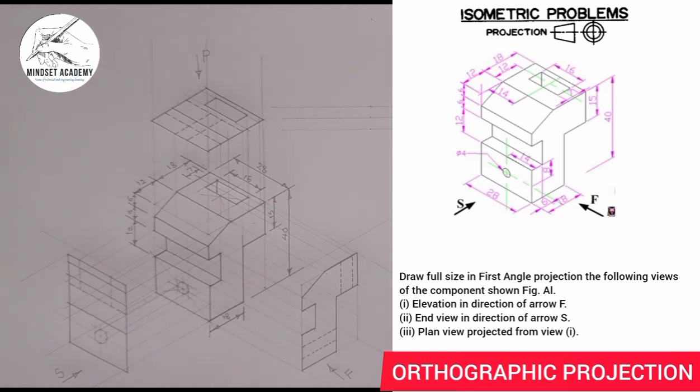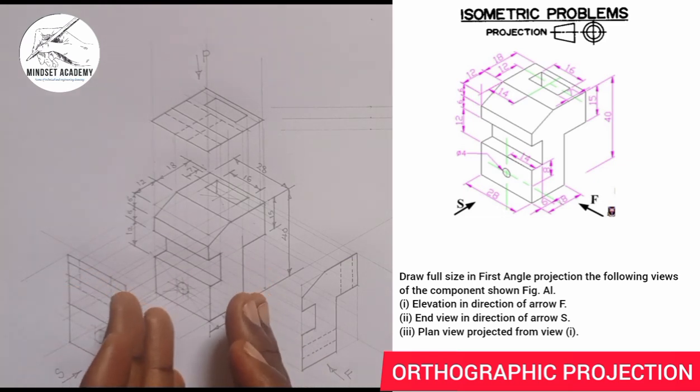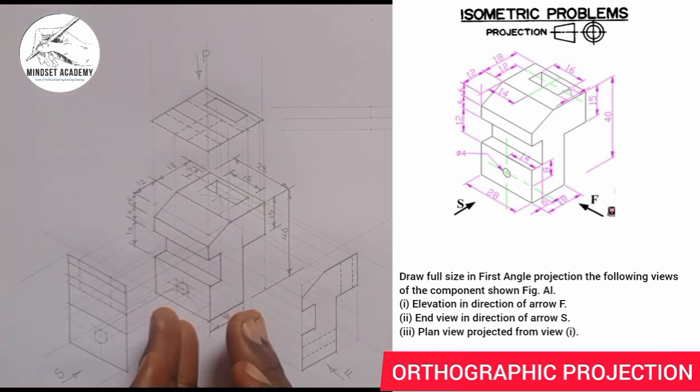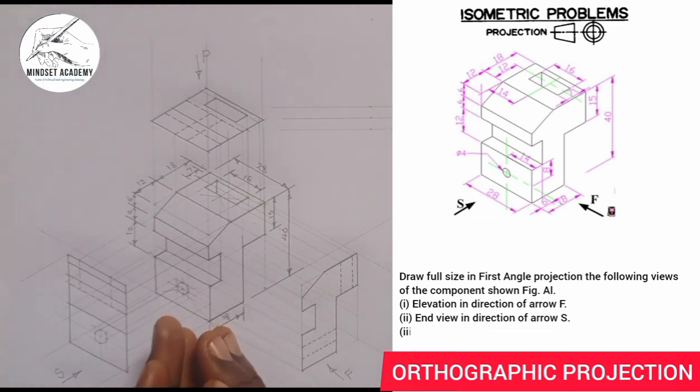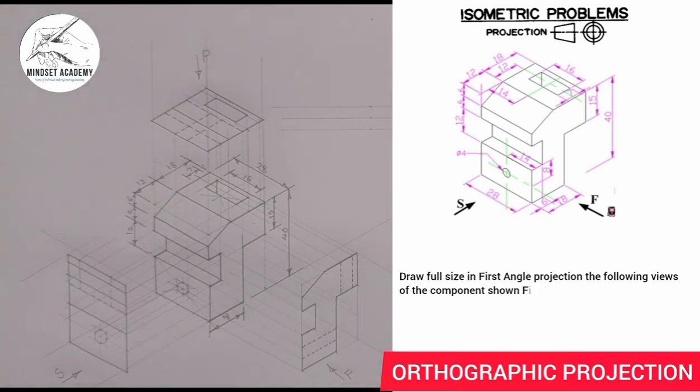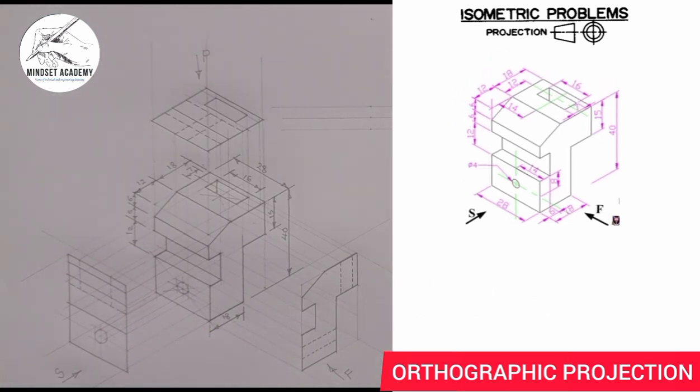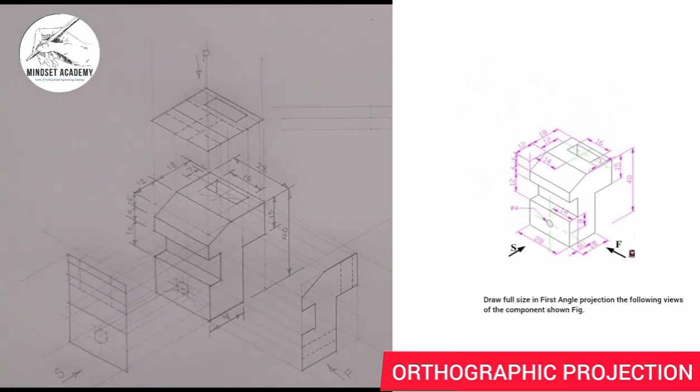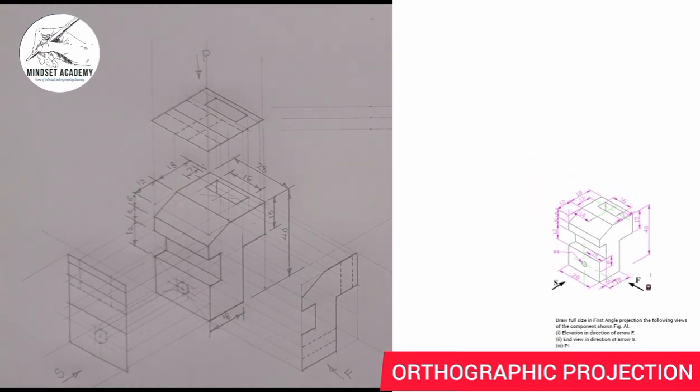Now the first thing you do when you see a figure this way, which you have seen from the right hand side, I have reproduced them on my drawing sheet, to enhance our understanding. The first thing you will do when you are given a question to draw in orthographic projection is to draw your quadrant.